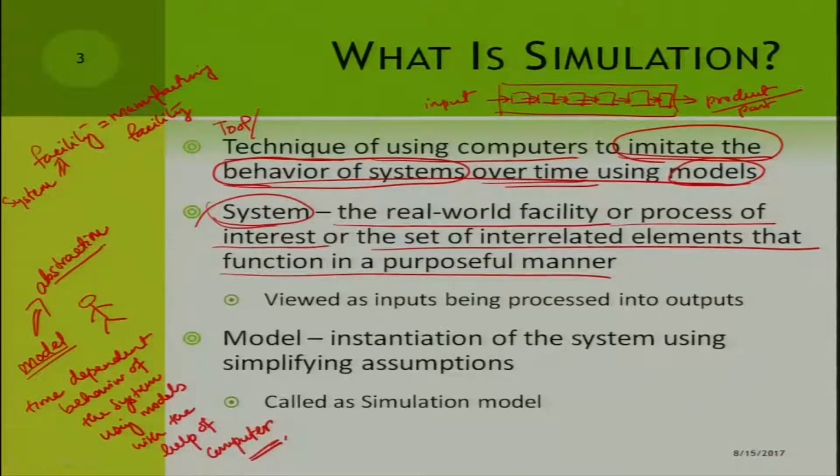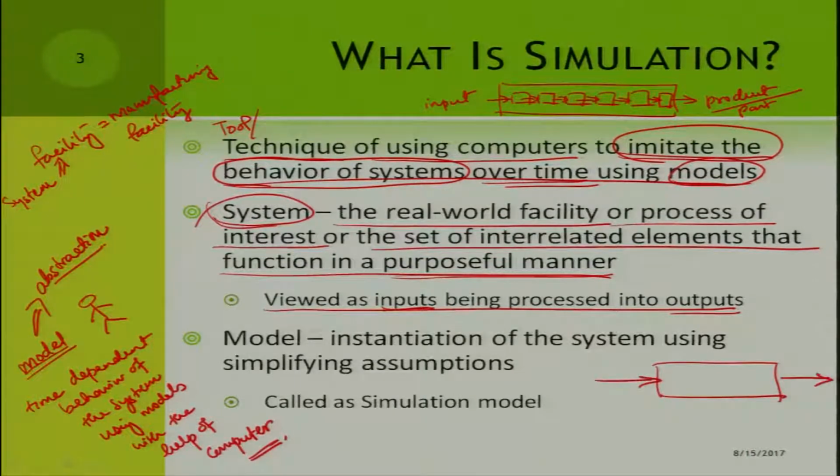Because these are interconnected in a purposeful manner, the purpose is to produce a product or a part, or it is viewed as inputs being processed into outputs. Various inputs go into the system and get processed into outputs. This is why we earlier called it a transformation process. These are the inputs, these are the outputs, and here is the transformation process.